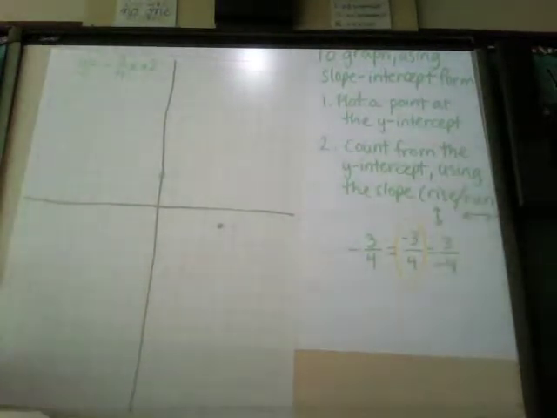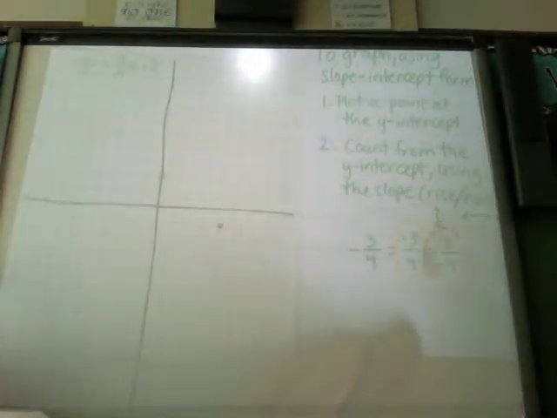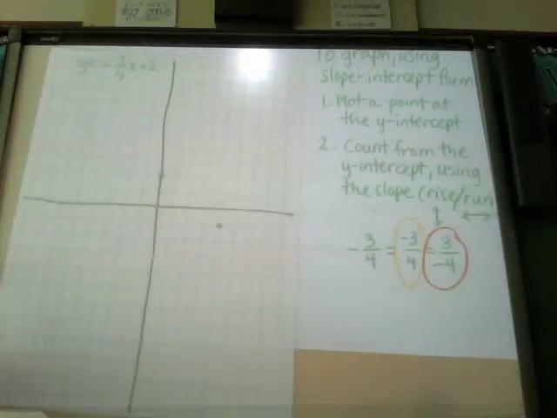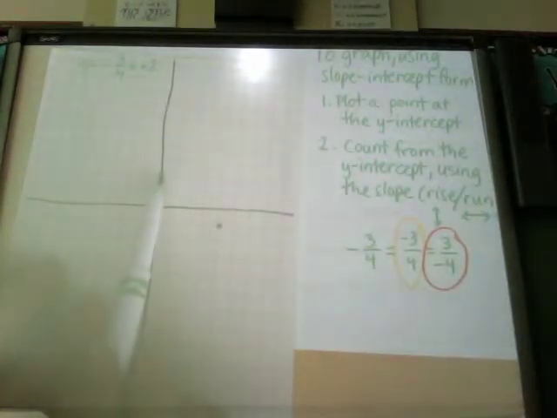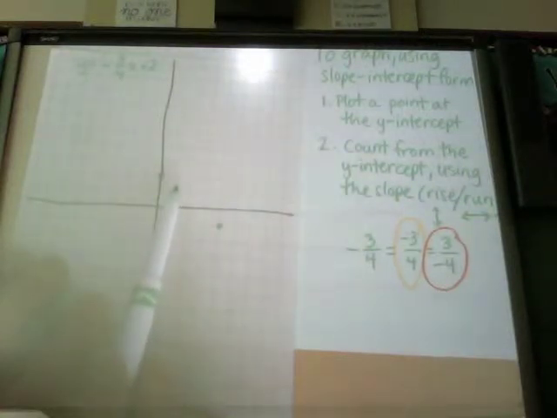Now, let me do the second one. What if instead of having the negative up in the numerator, I put it in the denominator? Again, starting from my y-intercept. I can't start at 0. This line might not go through 0. In fact, this one does not.